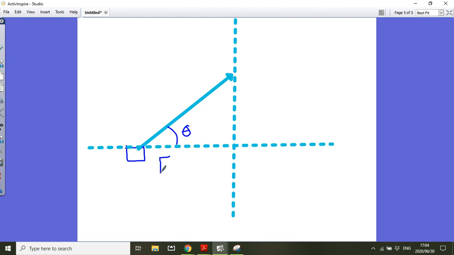So F horizontal, if this is my force F, the horizontal component of F would just be the part of F that's pulling in this direction. Now, if you look at the trig, it's going to be the adjacent side to my angle. So I'm going to say F_H over F is equal to adjacent over hypotenuse, cos theta.